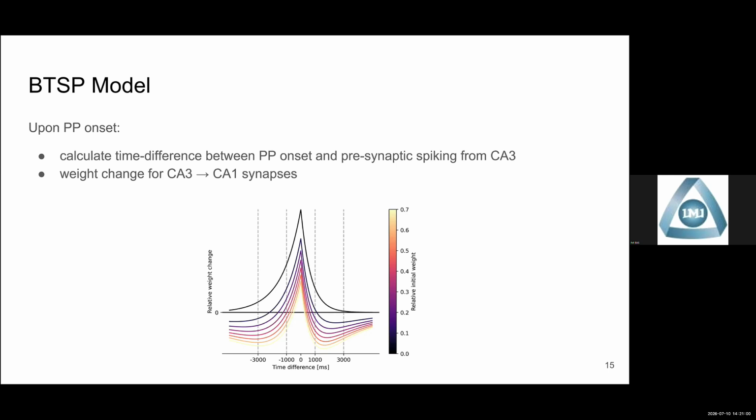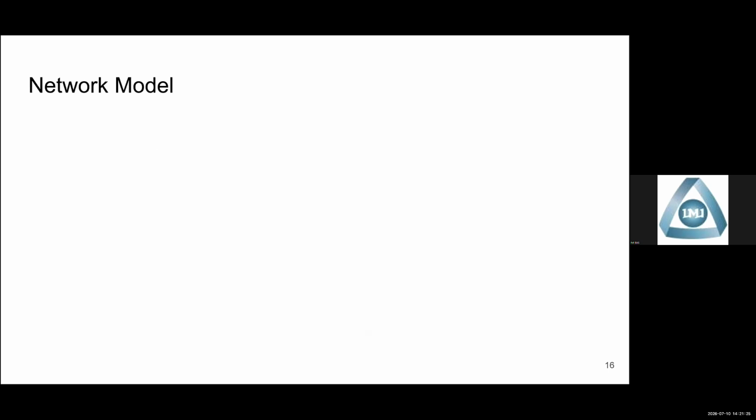If the relative initial weight is very low, I get a strong potentiation. And if the initial weight is already high, I can go down to a depression. But the synapses can never flip the sign, right? An excitatory synapse can never be inhibitory. This, by the way, already implements something like an upper cap for the weight of a synapse, because if it's too strong, it cannot be potentiated any further.